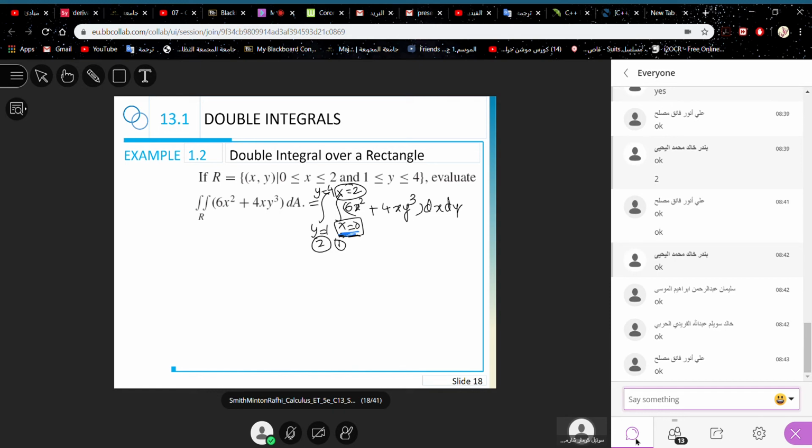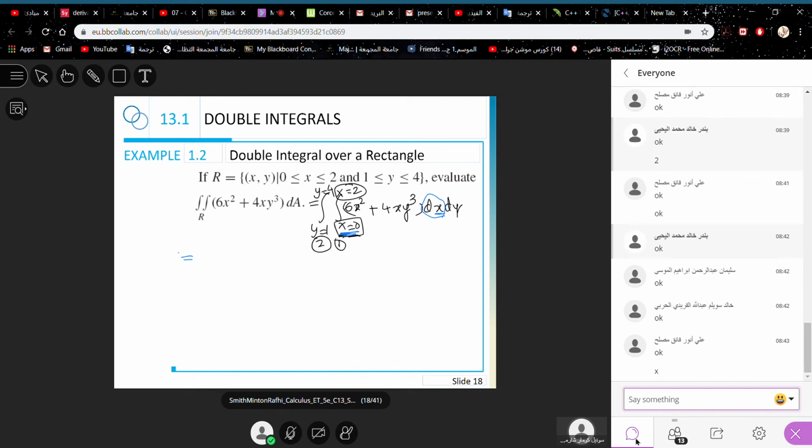So you have the whole picture in terms of y. We are integrating first with respect to which variable? x.